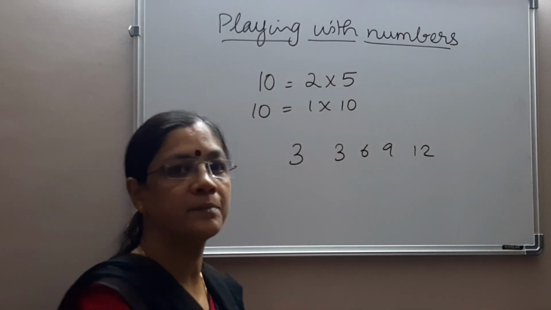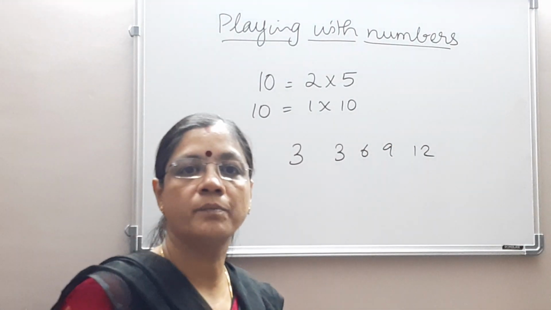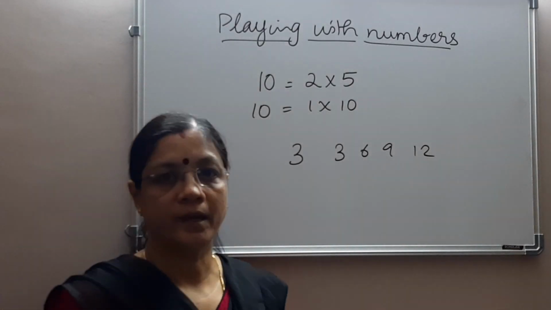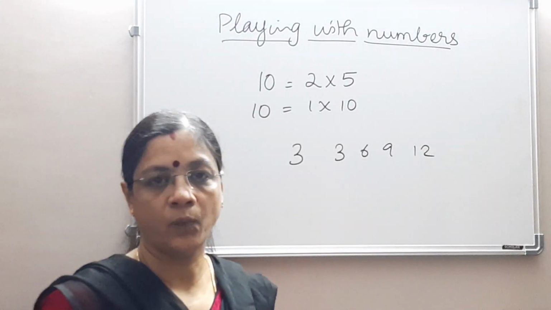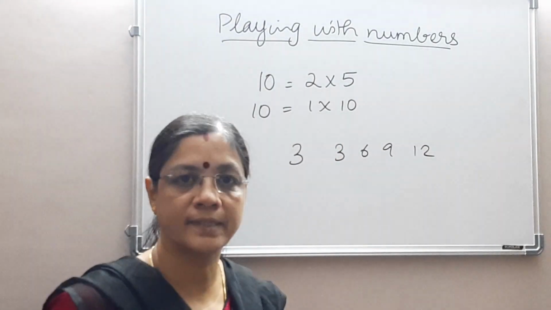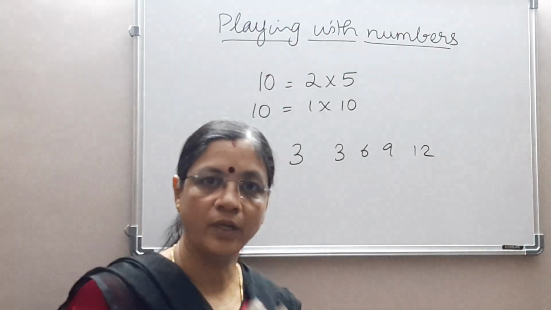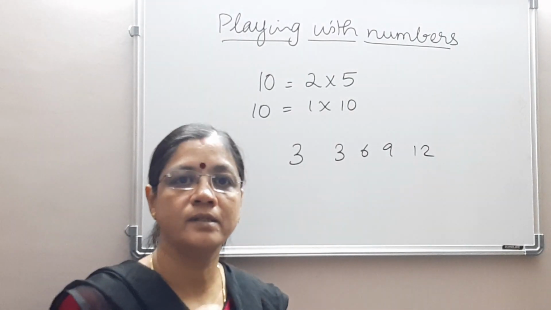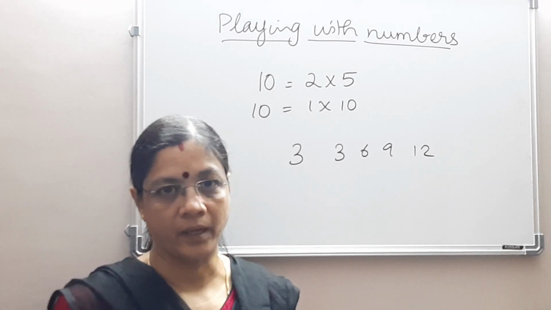So the number gets multiplied by itself. So it is a product of multiplication. So multiples are always equal to or greater than the number, whereas factors are always equal to or less than the number. So you need to remember these points when you apply factors and multiples in certain applications.